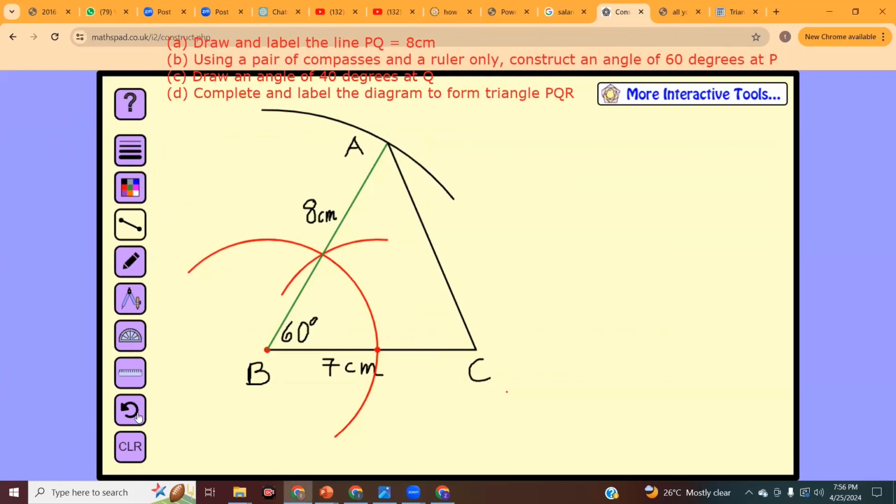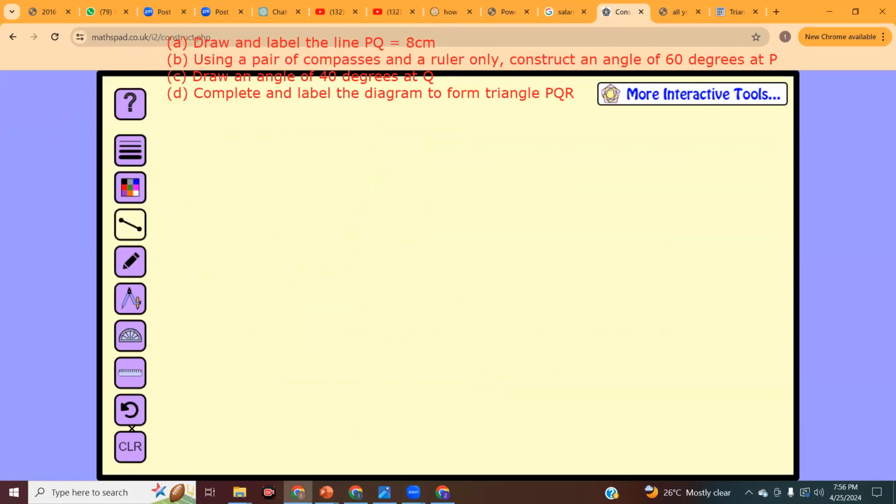All right, so let me clear this whole thing. So we want to draw and label the line. So let's go ahead and do that.